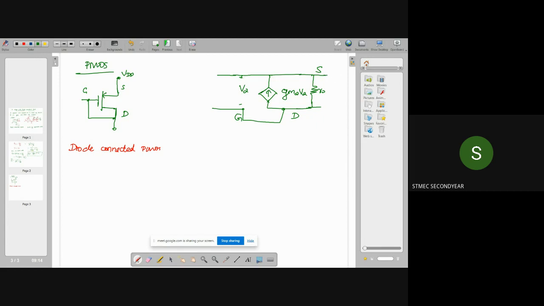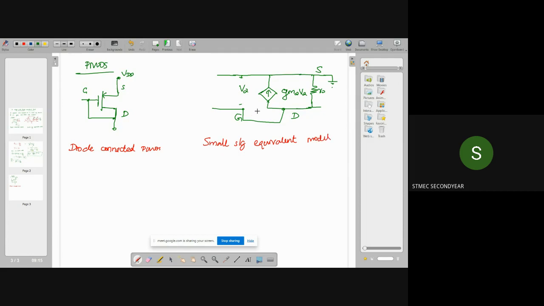And this should be grounded, because at the source terminal I am connecting VDD, so in the small signal equivalent model it should be grounded. So this is the small signal equivalent model for the diode connected PMOS transistor.